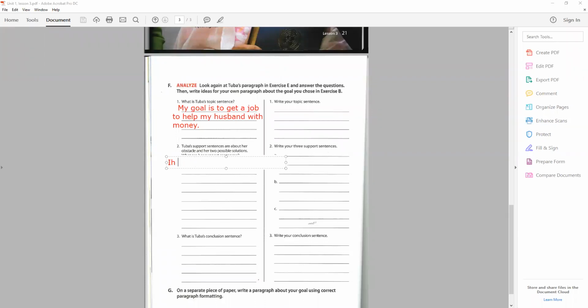I have an obstacle, time. That is her one sentence that tells us what her obstacle is. Now she talks about 2 solutions.